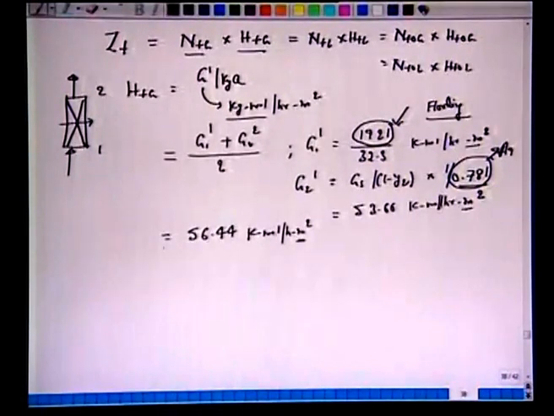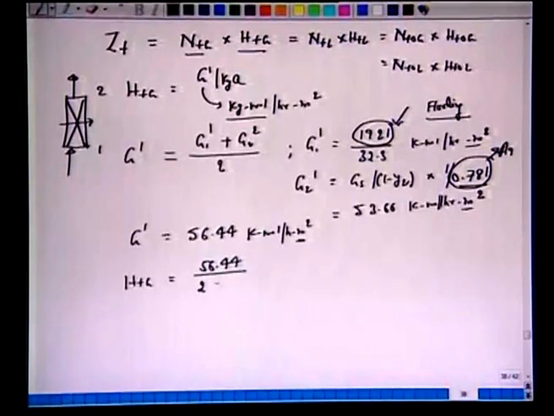So, we know HTG here, this is your G prime. So, we know the G prime, all we have to do is to substitute our expressions, which is G prime over the mass transfer coefficient. So, remember, now you have to go back and see what mass transfer coefficient was given to us, which is 270.